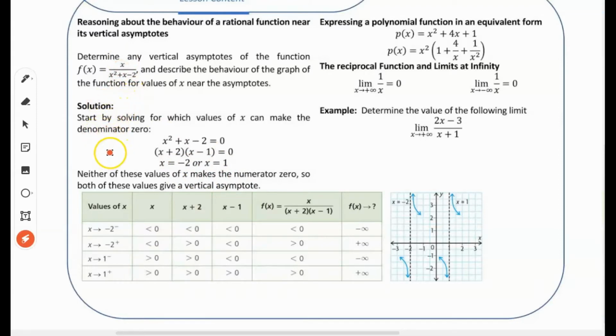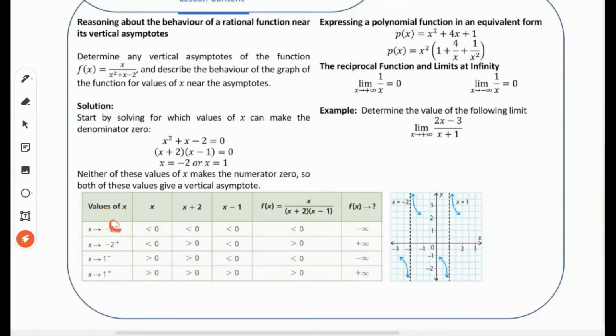Now, with our asymptotes, we want to know whether or not they are approaching infinity or negative infinity. So are they rising or are they falling? That helps if we're going to graph something. So we need to look at these 2 points, -2 and 1, and take a number, for example, as x approaches -2 from the left.